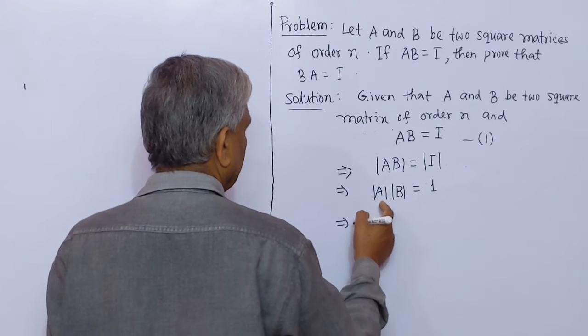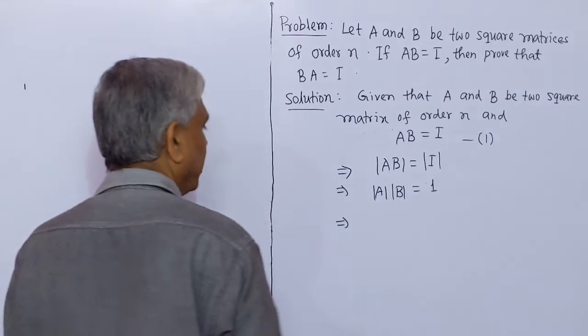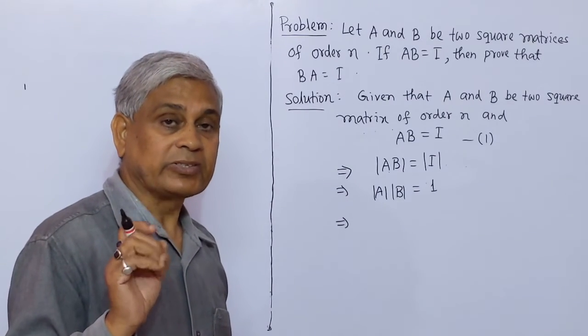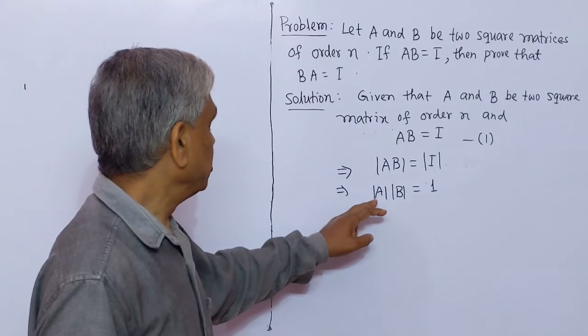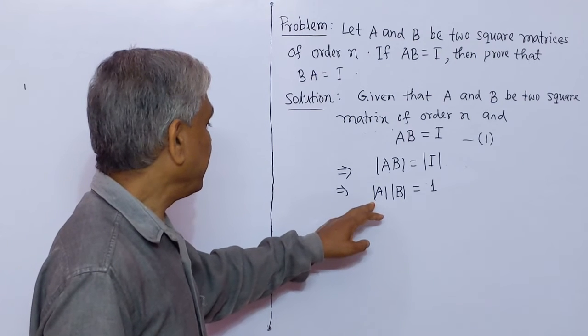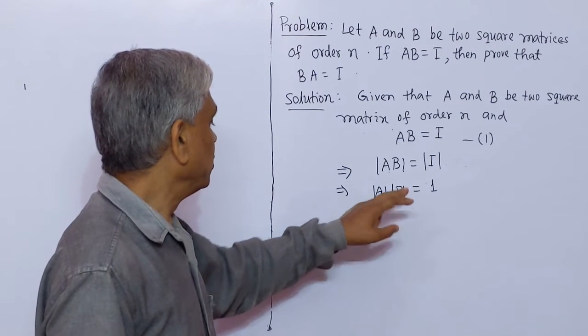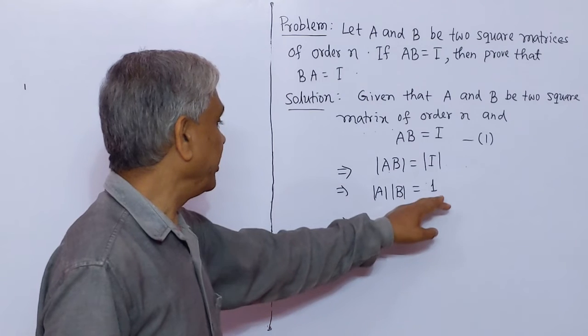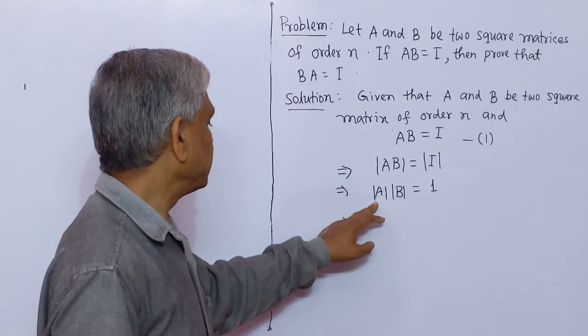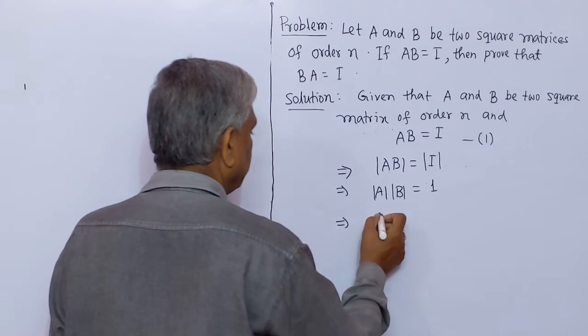Implies that determinants are real or complex numbers. So multiplication of two real or complex numbers is 1. Therefore this is not equal to 0.